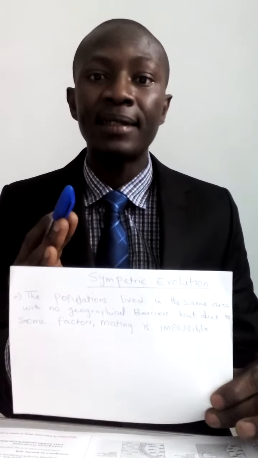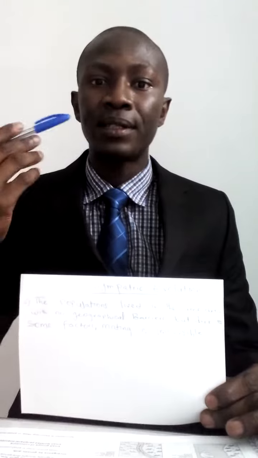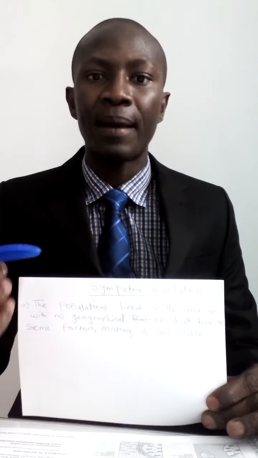But even at that, they become two different species. How? It is very simple and logical. Let's look at it like this. Two populations live in the same area, but they cannot mate. Let's say we have population A and population B.